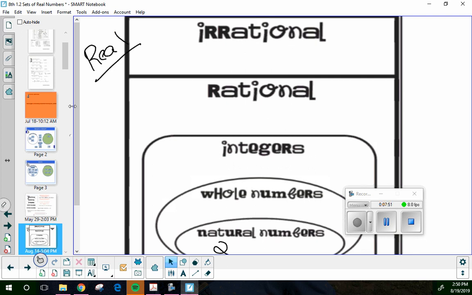You might want to write that. All of these are real. Real numbers are irrational and rational. So a 2 is natural, whole, integer, rational, real. If you put it in this category, it is all of these except for irrational. That's why this right here is a straight line and not in this circle.